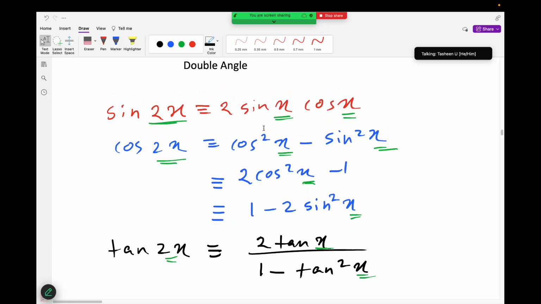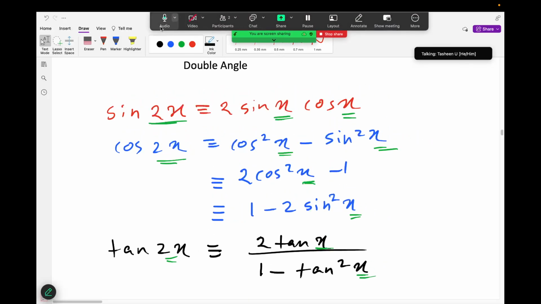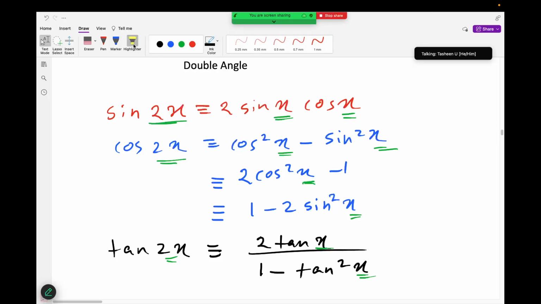So these are what we call the double angle formulas. Sine 2x equals 2 sine x cos x. Now notice one thing. Here from 2x it became x, half. If it was 4x, it would have become 2x. It just becomes half.